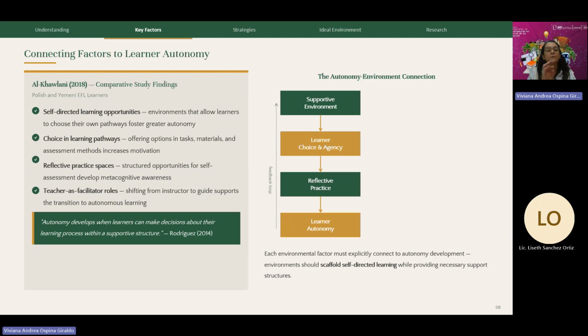So he's found that self-directed learning gives opportunities for the student to foster greater autonomy. Also, choice in learning pathways. We need to give our students different options when it comes to learning.